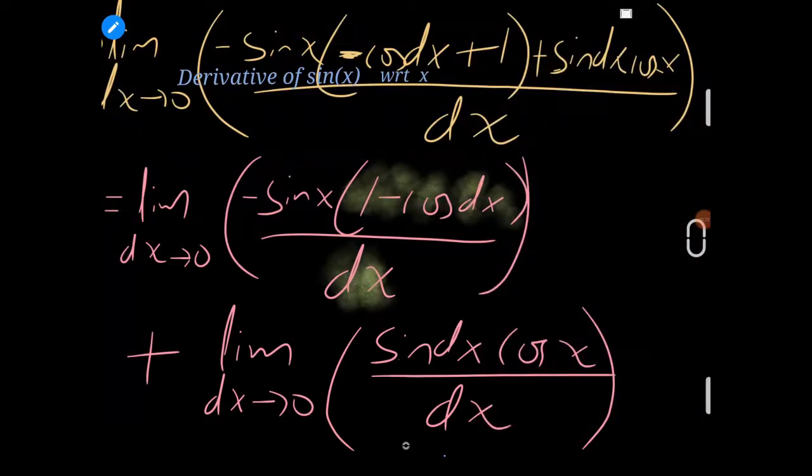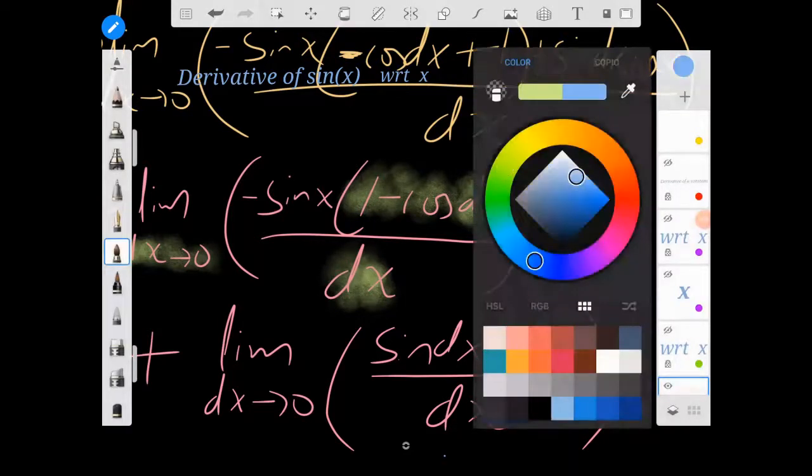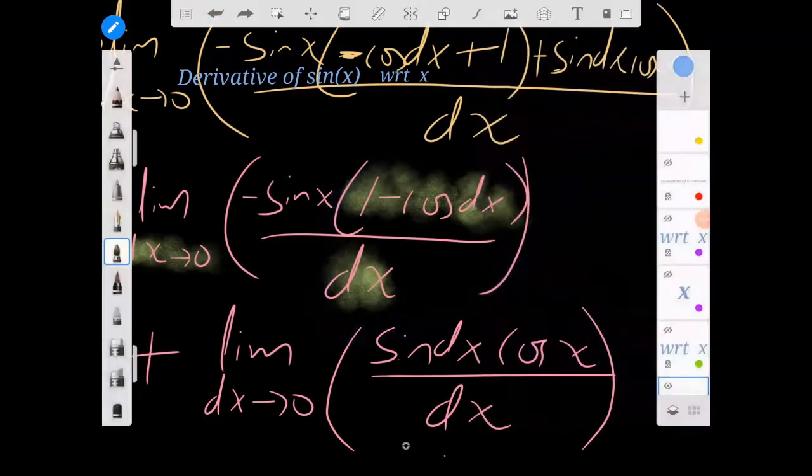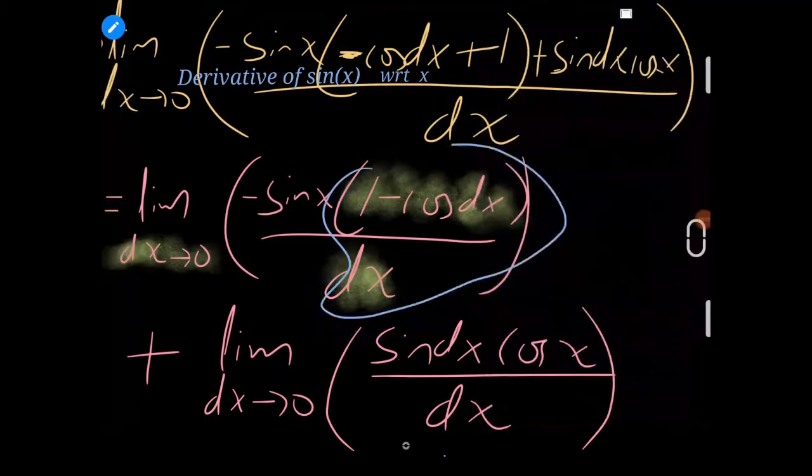In the last video on limits, I showed you that the limit as x tends to 0 of 1 minus cos x by x approaches 0. So here also it is 1 minus cos dx by dx, the same thing, and dx is approaching 0. Therefore this value approaches 0.